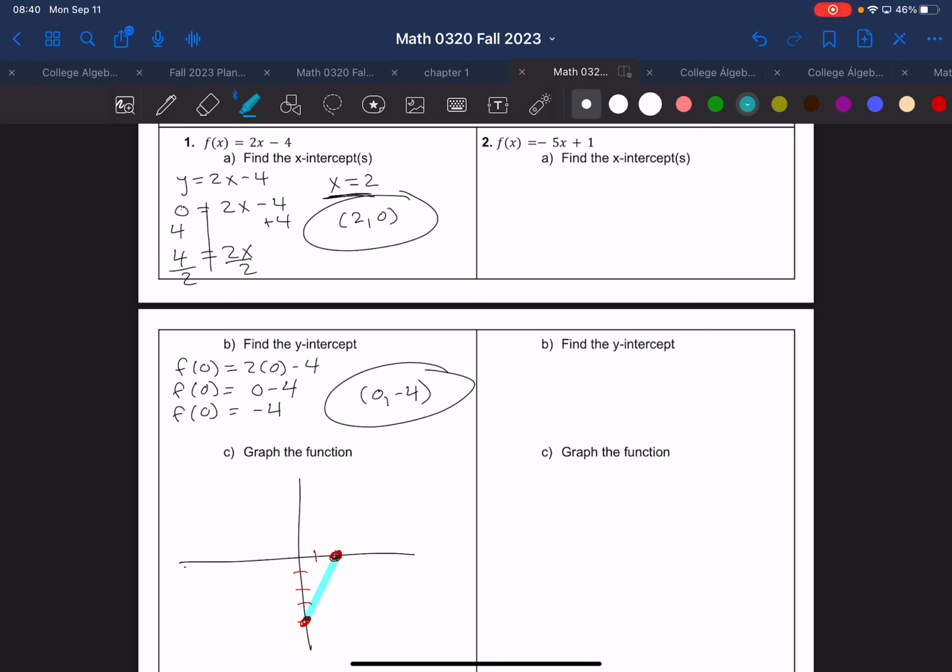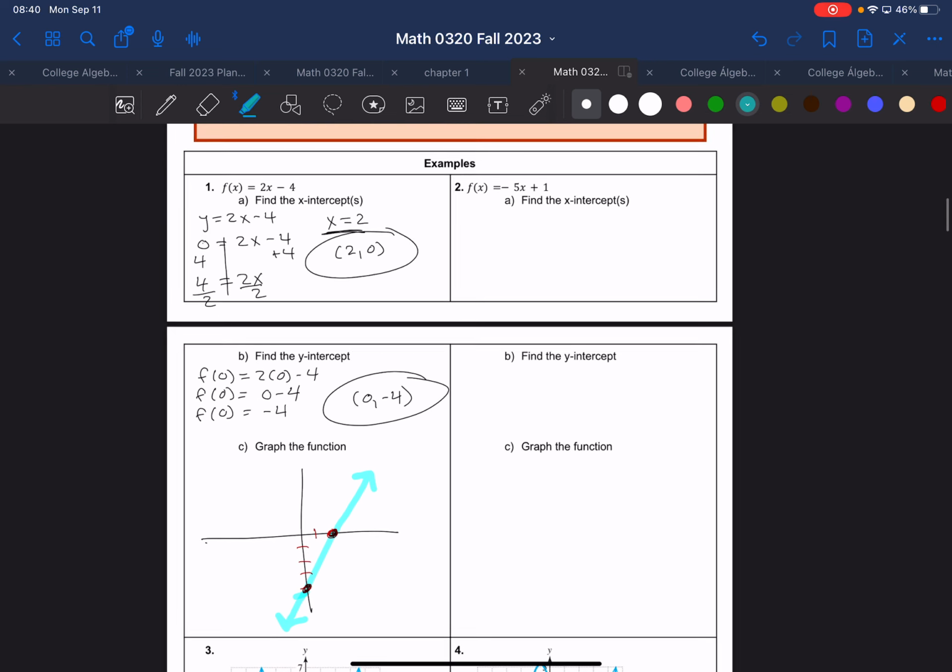Yes or no? No, we don't connect it like this because this is telling us we have restrictions, right? We're just plotting an entire graph, so that means we have to draw in both directions an arrow. Okay.